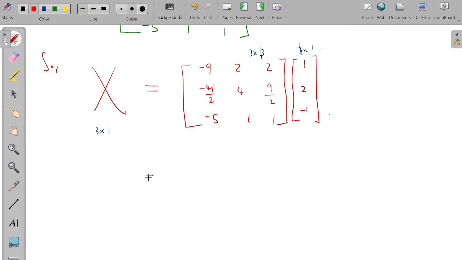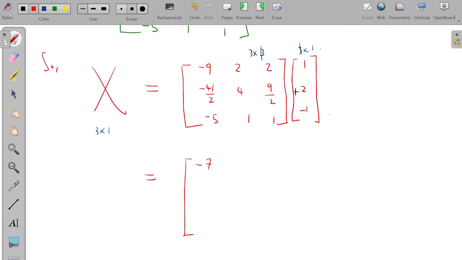Okay, all right, so let's multiply. This multiplied by this is negative 9, this is positive 4, this is negative 2. So the answer of that will be negative 7. This multiplied by this is 41 minus 41 over 2.